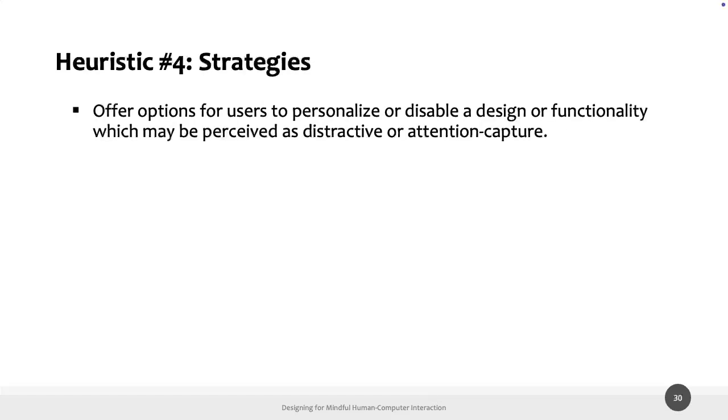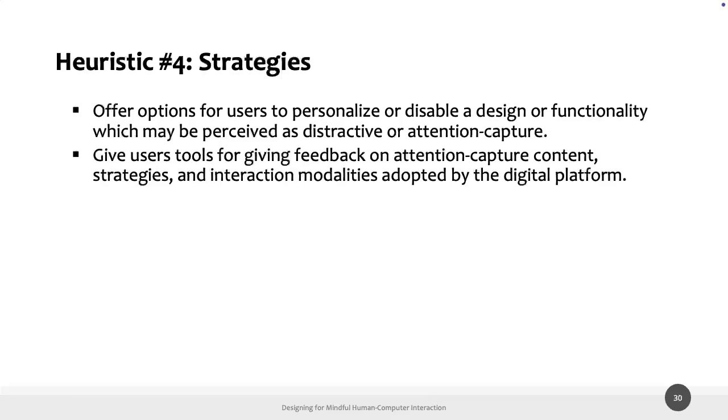Offer options for users to personalize or disable a design or functionality which may be perceived as distractive or attention capture. So there is the possibility, like in SwitchTube, of supporting users into disabling some functionality, some design, some elements of the user interface to support this heuristic.